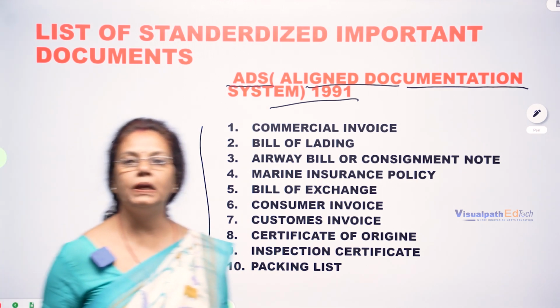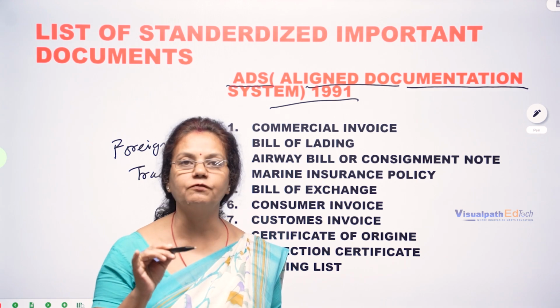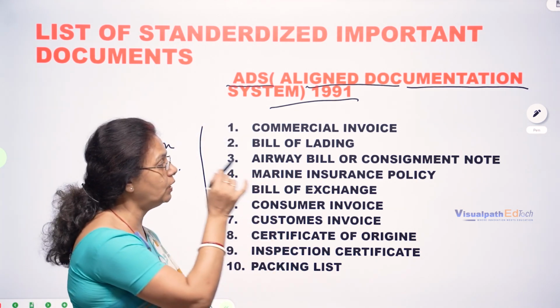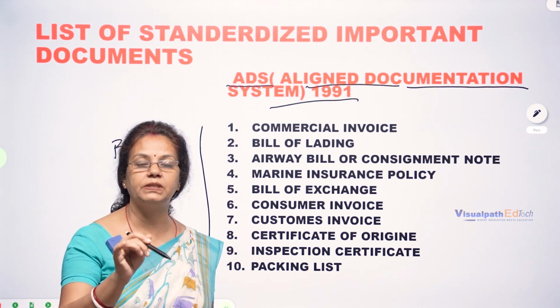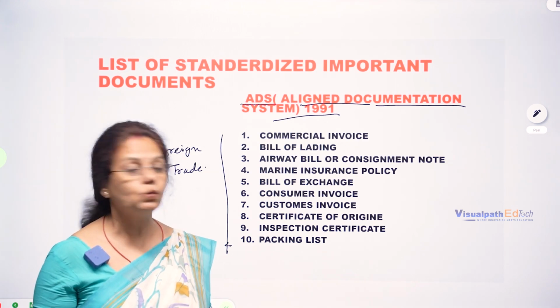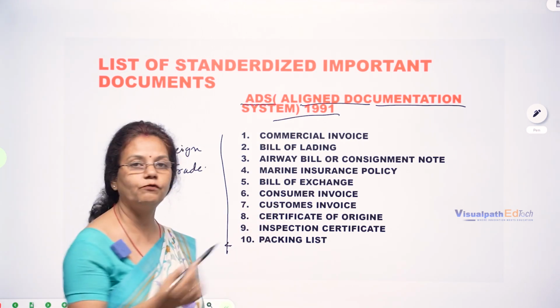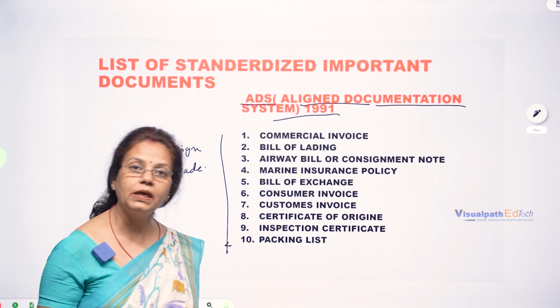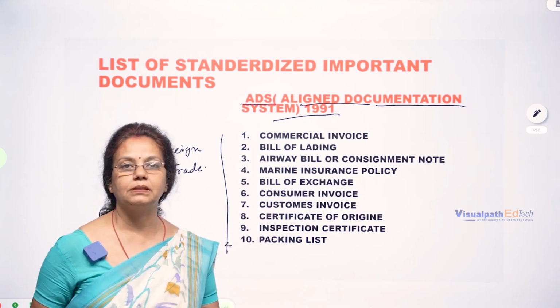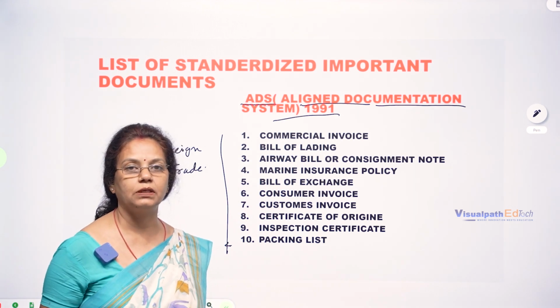One by one we have to study each document separately, because each and every document has its own objective, its own functions, its own use. So we have to know which is required for what purpose, what the advantages are, and what the functions of all these documents are in foreign trade.